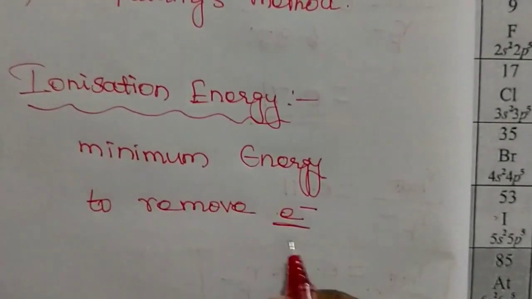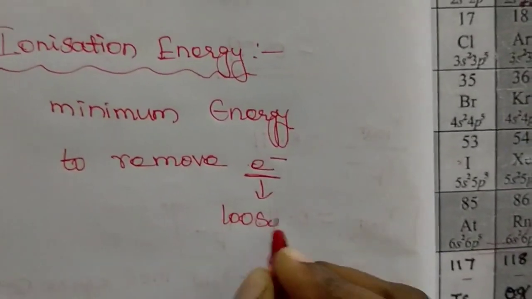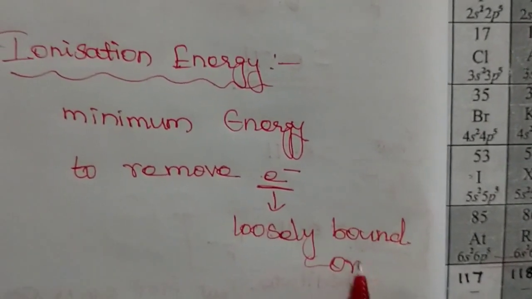This removed electron is a loosely bound electron in one orbital.